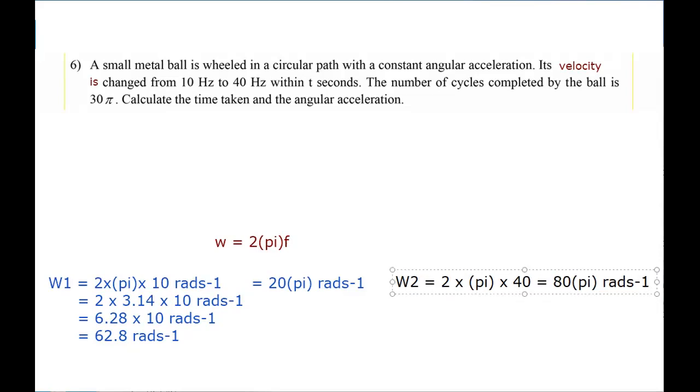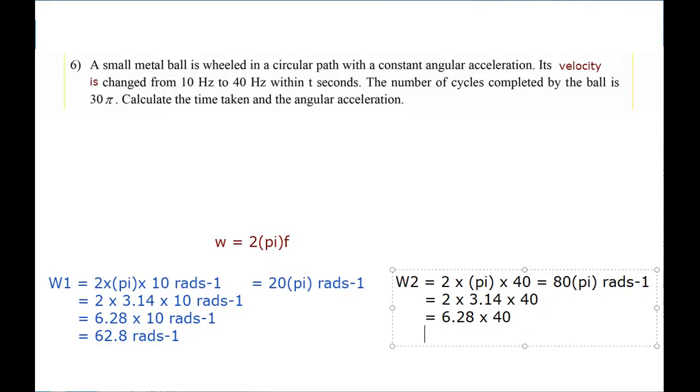Radian per second. But if you want, you can simplify like this also. 2 into pi means 3.14 into 40. So 2 times 3.14 means 6.28 into 40.